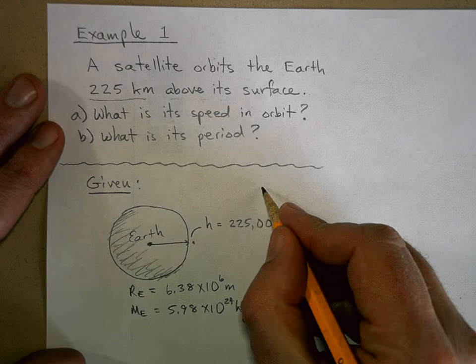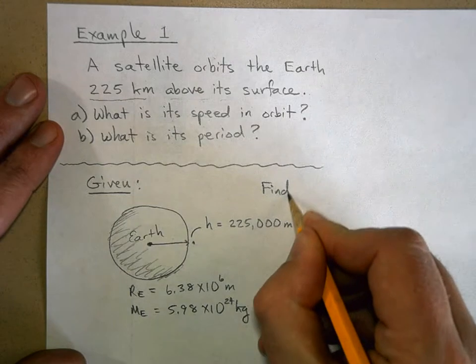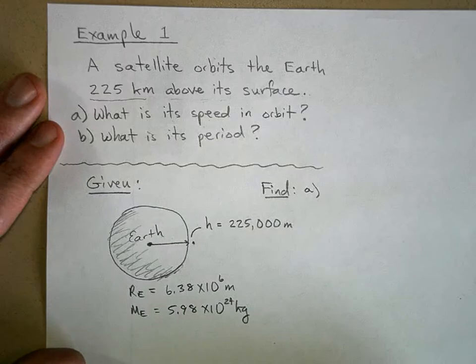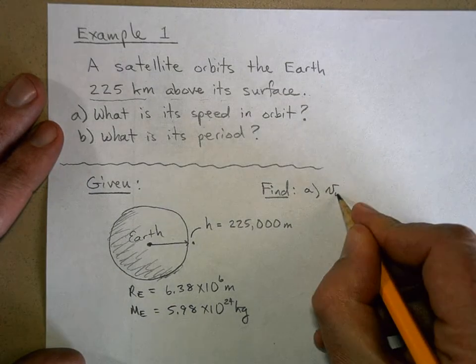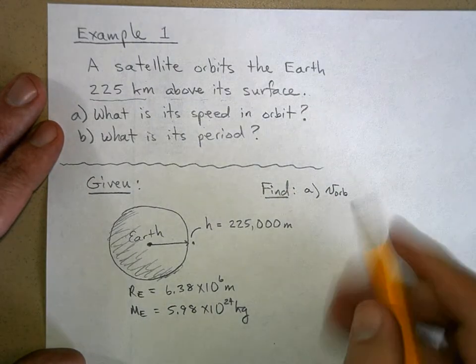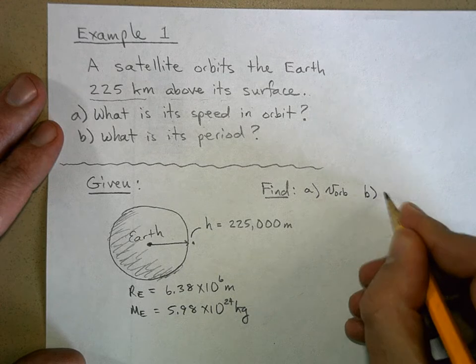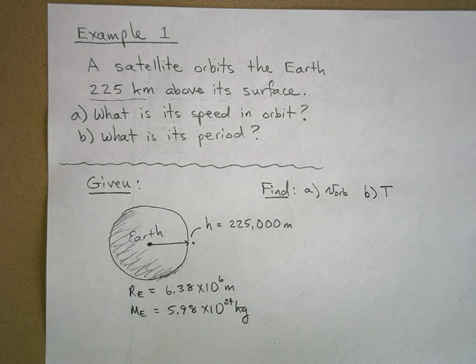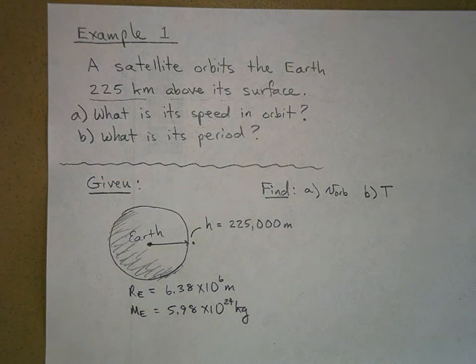And what are we trying to find? Well, we're trying to find our orbital velocity, orbital speed, I should say. And we're trying to find the period of the orbit. Okay, so I think we're ready to solve it.